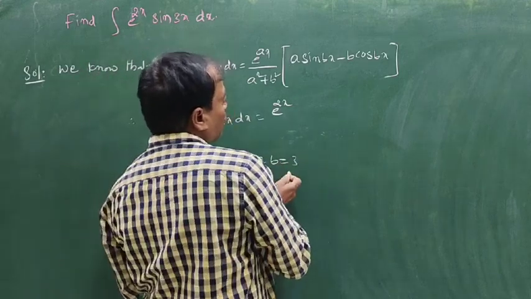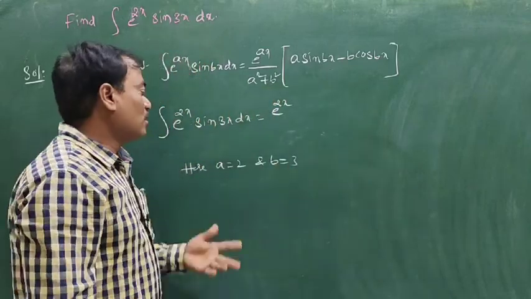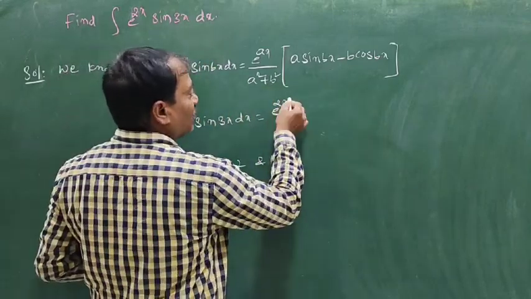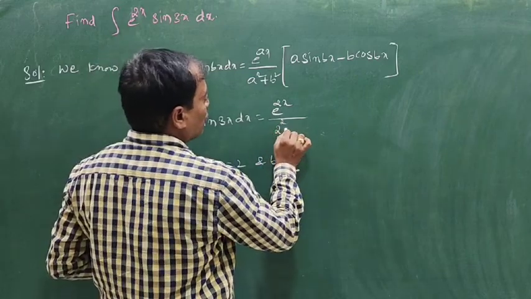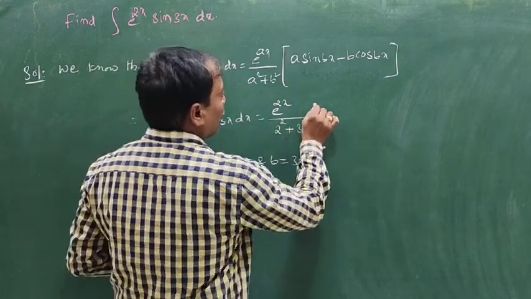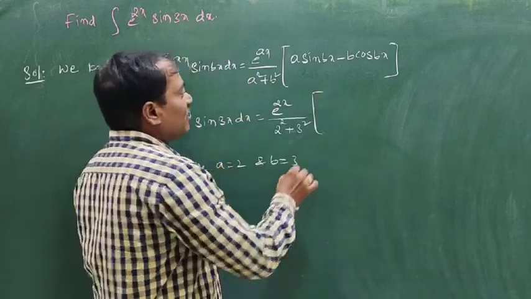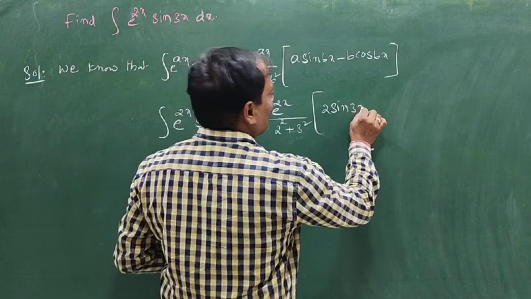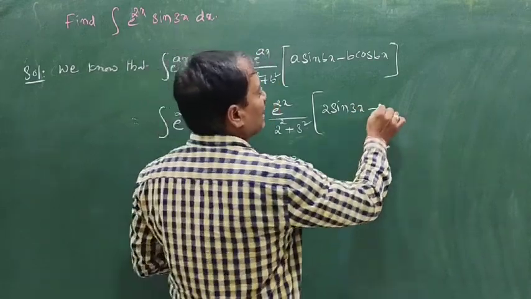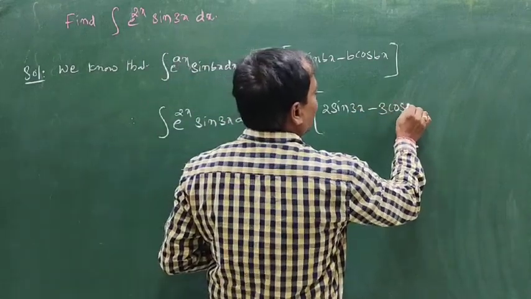We substitute both these values on the right-hand side. So e to the power of 2x as it is, by a equals 2, 2 square plus b equals 3, 3 square, times a, that is 2, into sin bx, that is 3x, minus b, that is 3, cos 3x.